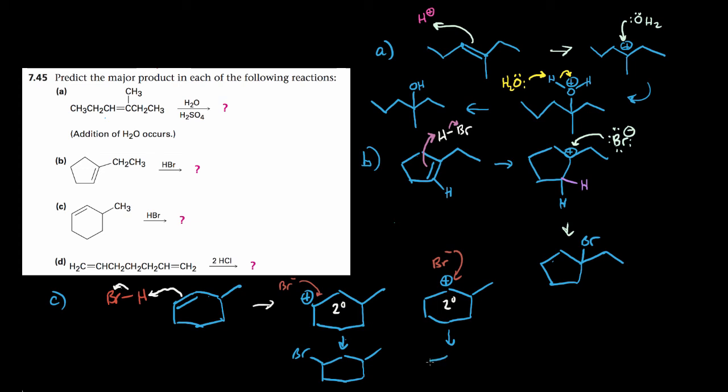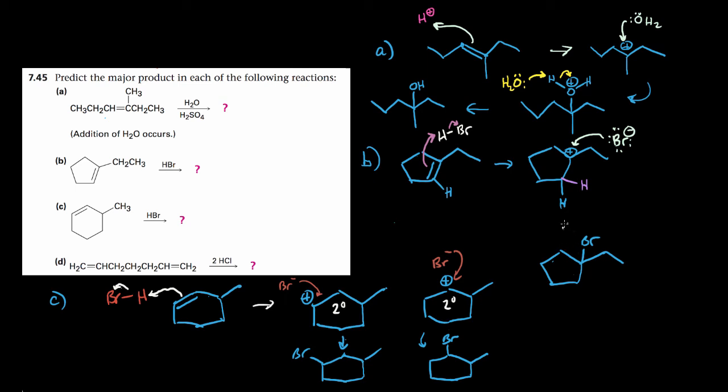In both cases, bromide adds to a secondary carbocation, but notice, since we have this methyl group here, we are making two different, essentially constitutional isomers. So this is a case where the regioselectivity is not great. It's not good enough to give us a single one of these products.